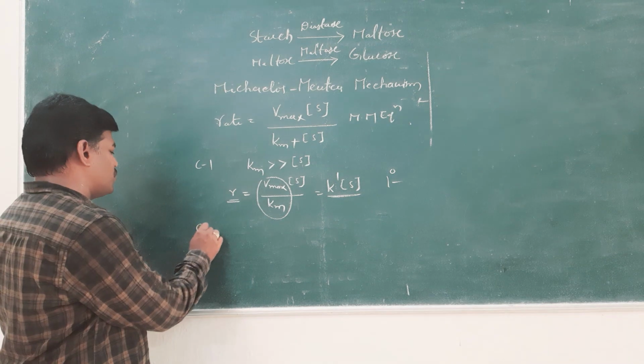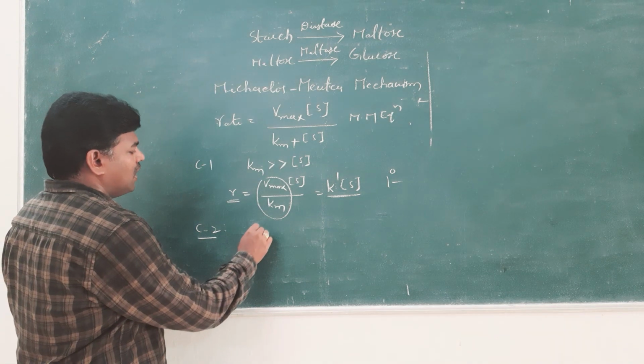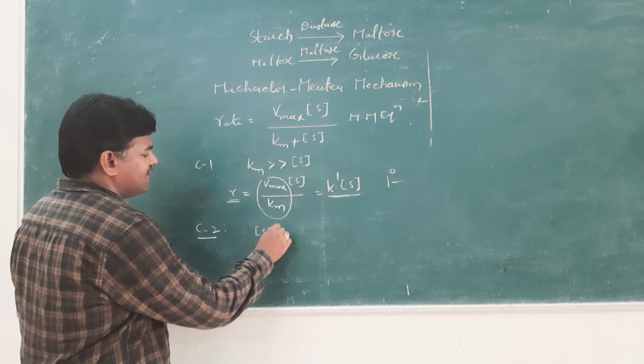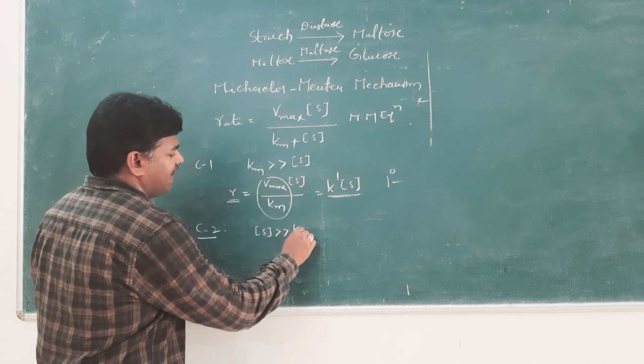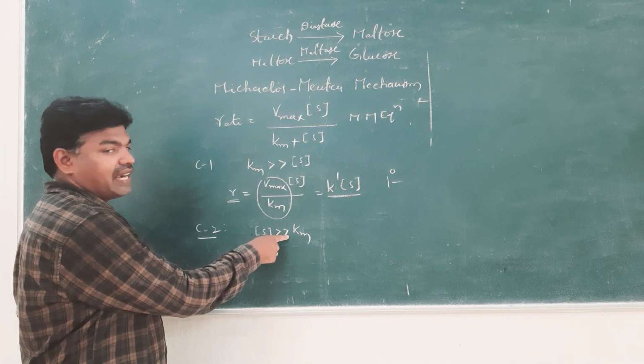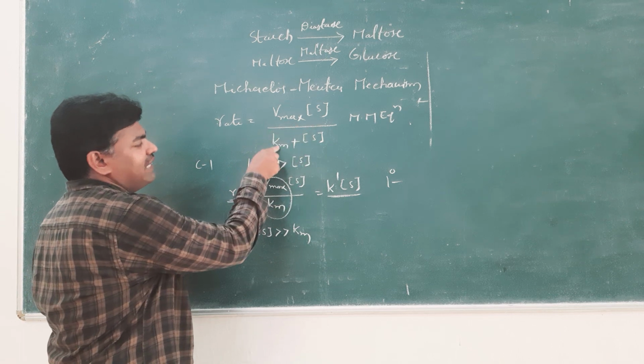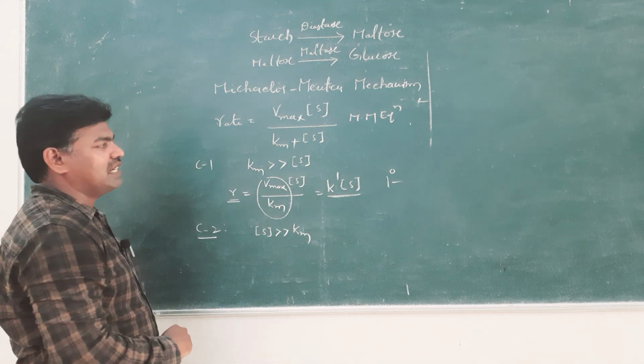Then case 2, when the concentration of substrate is greater than Km, in the denominator we can neglect the Michaelis-Menten constant.